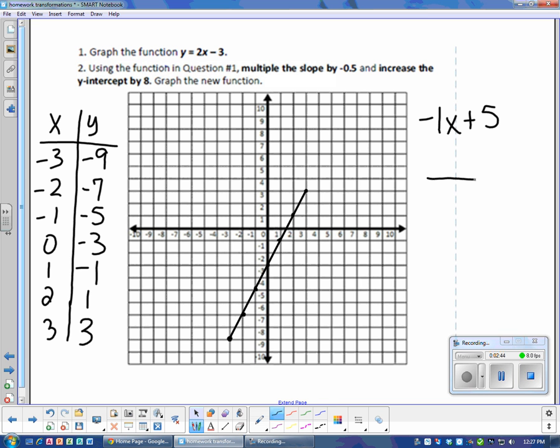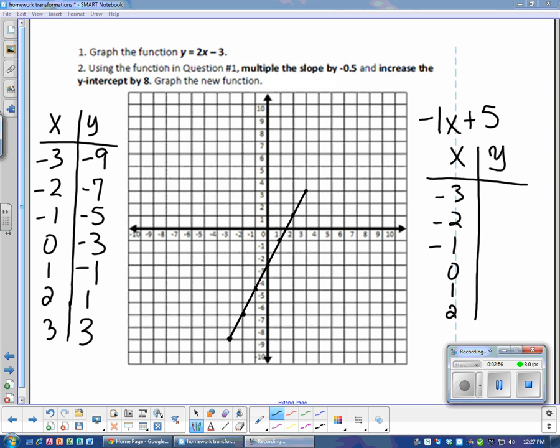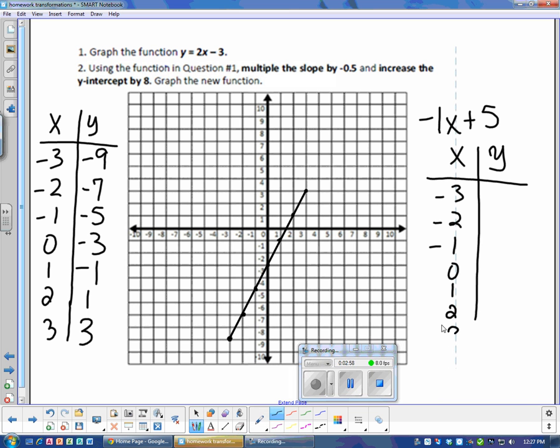So now I have my x and y values, so I do my new table. Once again, -3, -2, -1, 0, 1, 2, and 3. Negative times a negative makes it a positive. +3 plus 5 gives me 8. 2 plus 5 gives me 7.